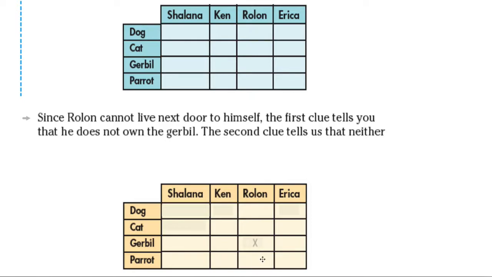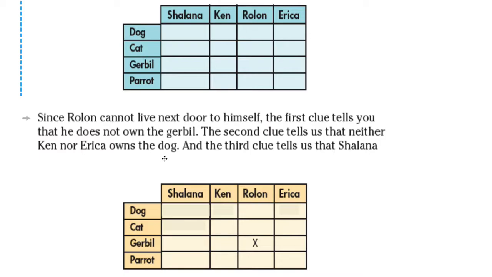The second clue tells us that neither Ken nor Erica owns the dog, so we can put an X on Ken and an X on Erica. And the third clue tells us that Shalana does not own the dog or the cat, so put an X on cat and an X on dog.